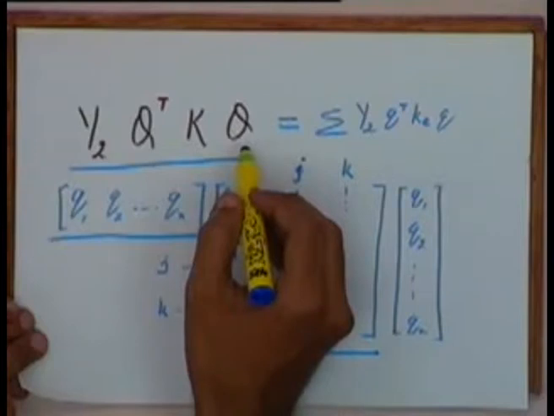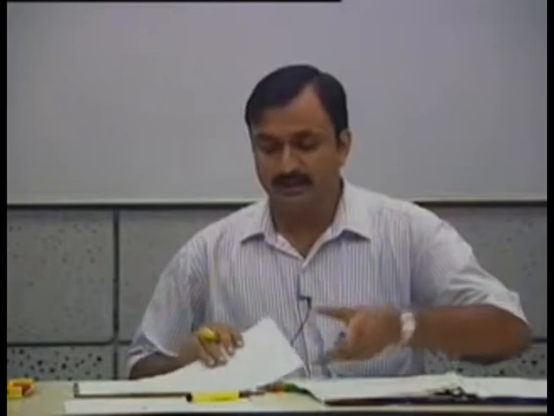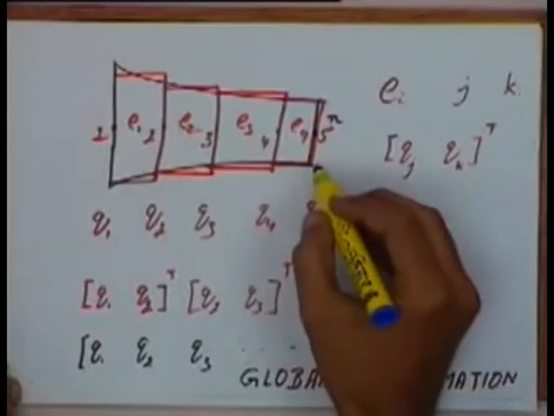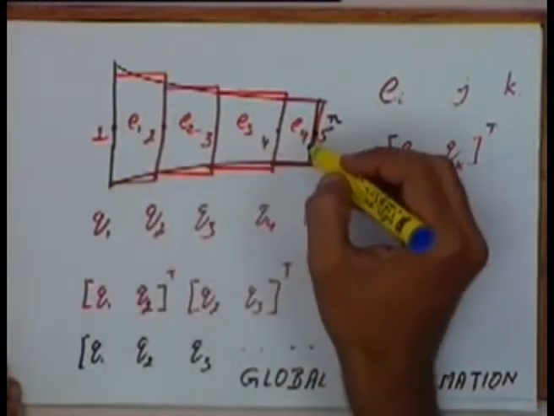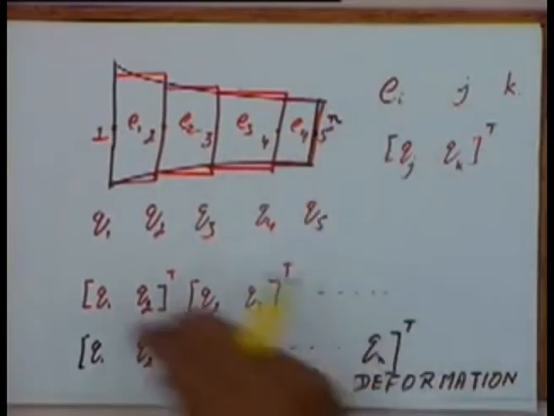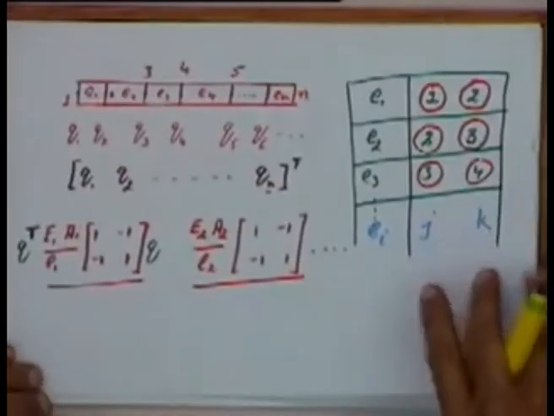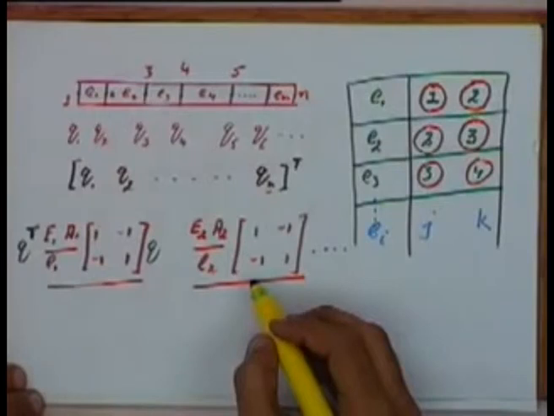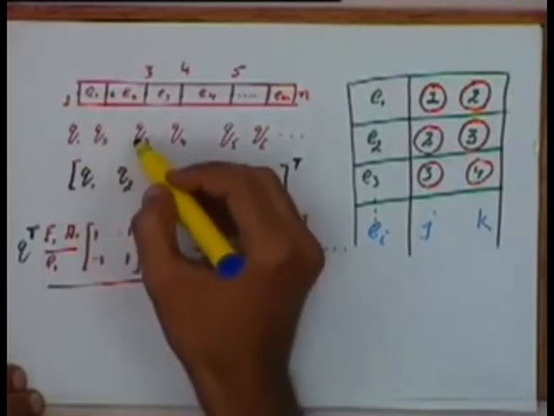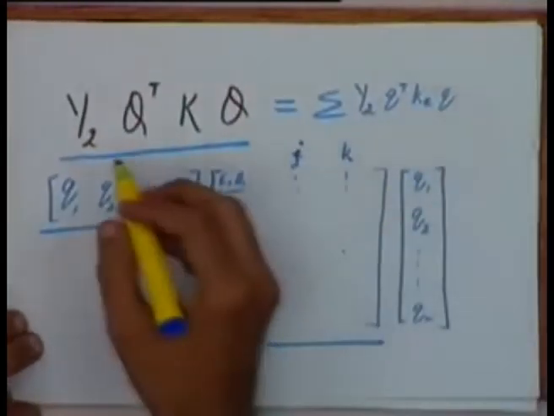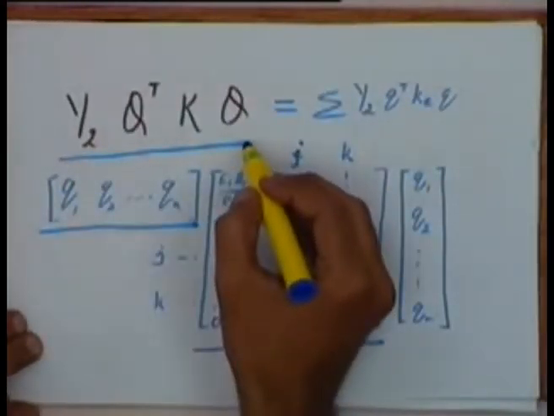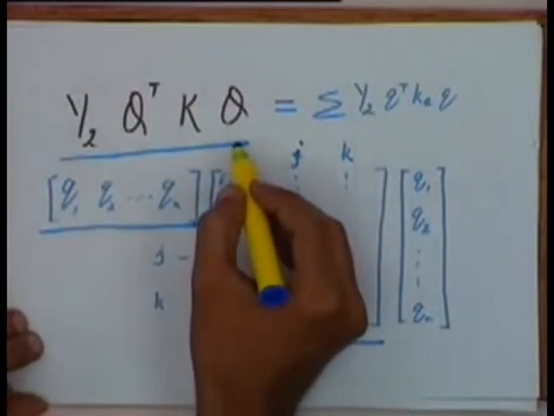So if I take any finite element formulation, any problem which I have defined as a set of finite elements, I can take each of these individual elements, get their element stiffness matrices and the deformations, and from these I can assemble my global expression by writing this term.